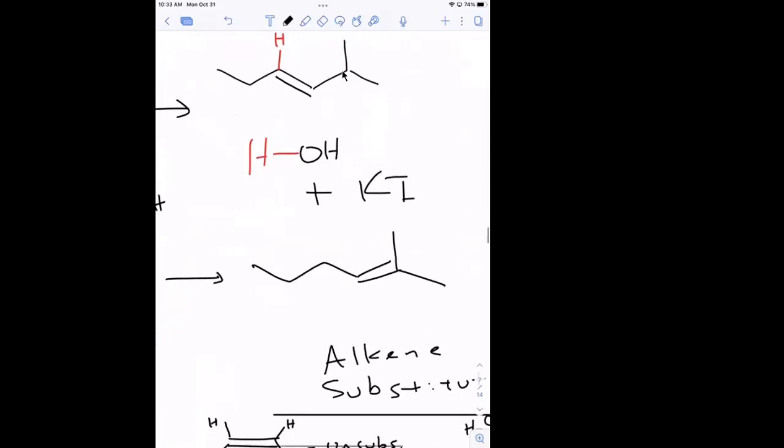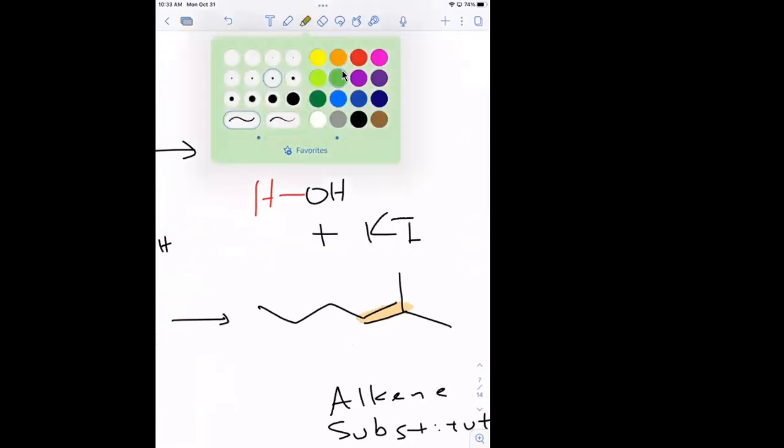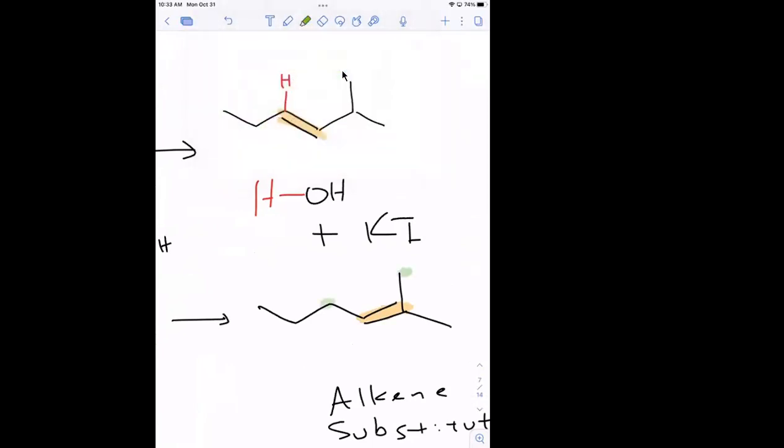But if we go back to the elimination, which one of those alkenes is more substituted? Go back to the two products. So here's the double bond right here. What we're looking for is what's attached to it. Let's take the one on the bottom. We got a carbon here, and one here. So that's three carbons attached to that double bond.